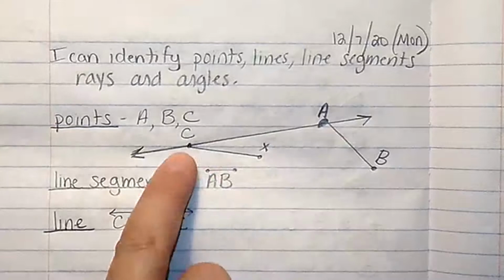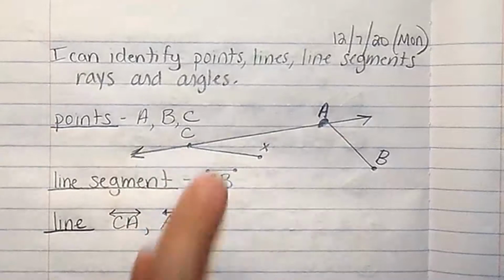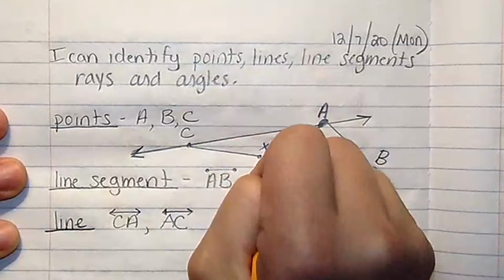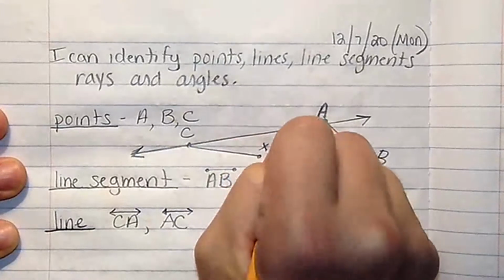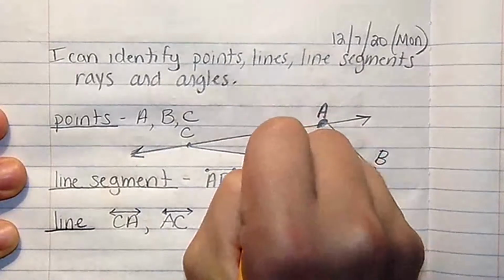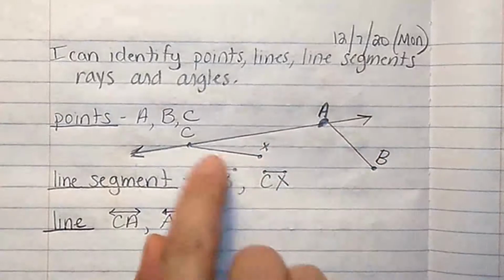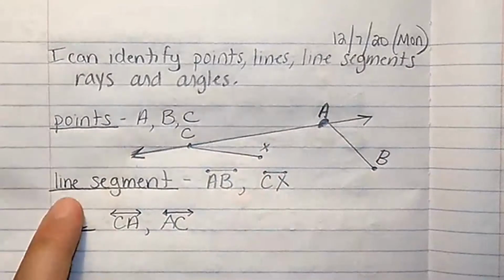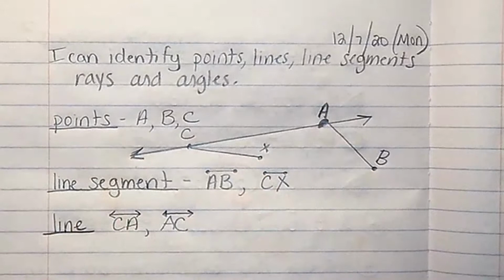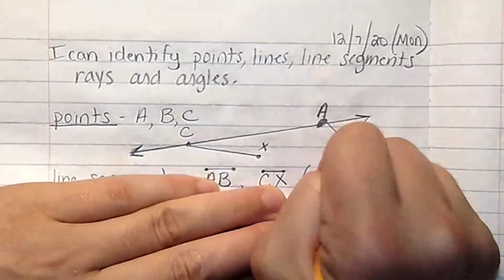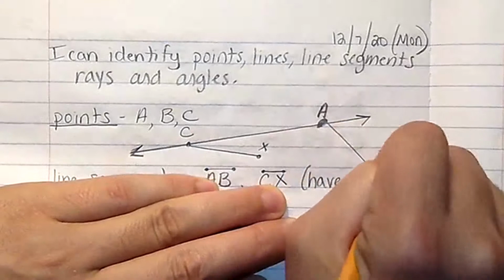Is this a line or a line segment? Look how it ends. It's a line segment. So we would call this CX. And it just has that straight line on top, no arrows. We don't really have to put the dots. I just do that to remember that it ends. A line segment is just a little chunk of line. Line segments have endpoints.